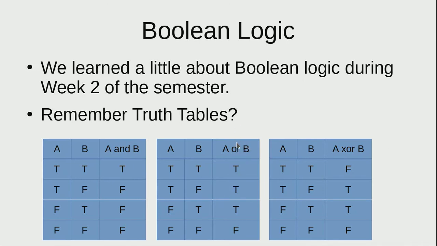OR, this is the single bar OR, everything gives you true except false or false gives you false. XOR, if they're different they give you true, if they're the same they give you false. And I say it that way because that's how we use XOR. And like I say, we do have an example at the end to show how that works.